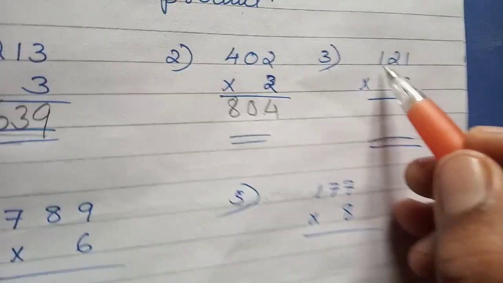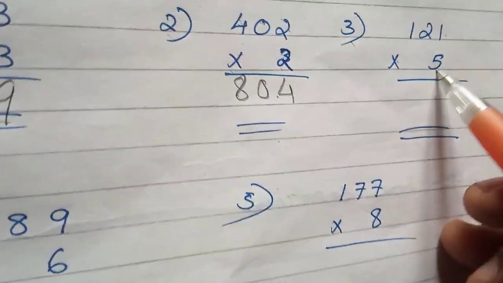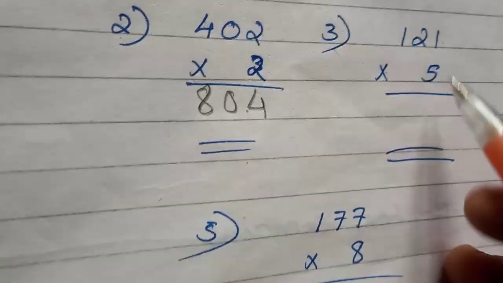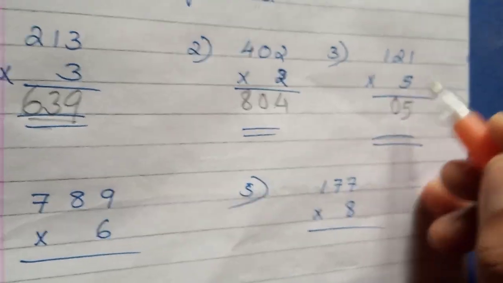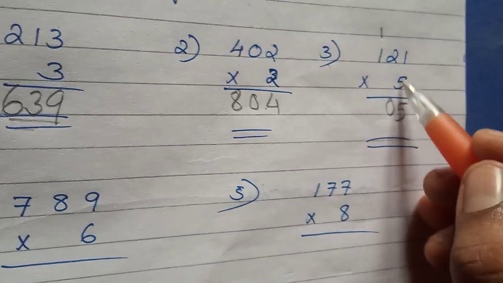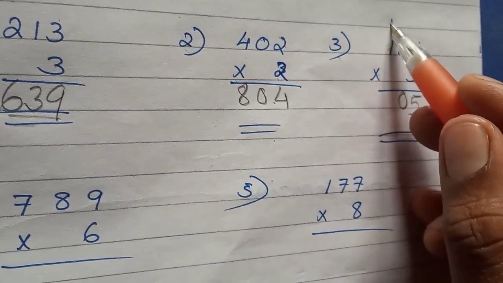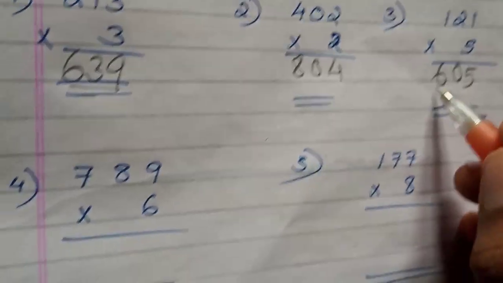Question number 3. 121 into 5. 5 into 1, 5. 5 into 2, 10. Carrying 1. 5 into 1, 5. 5 plus 1, 6. Answer is 605.